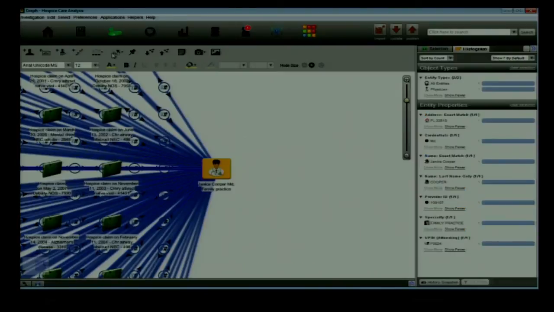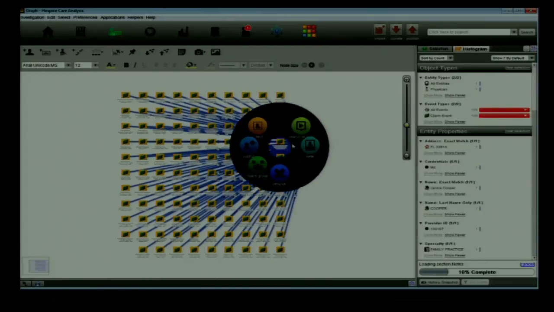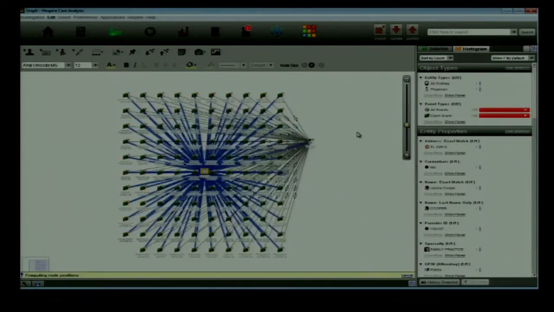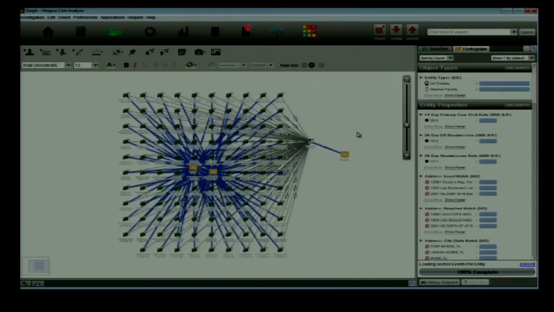So I want to go back to my graph now to understand everything I know about this physician and these claims, using all of my data. So I'm going to quickly select everything and do a quick search around on the facilities so that I can understand the geospatial distribution.